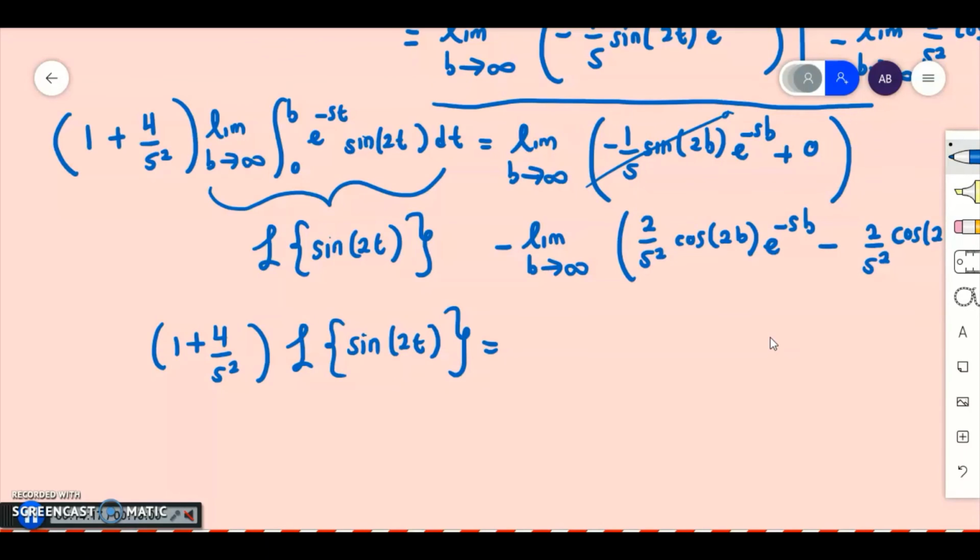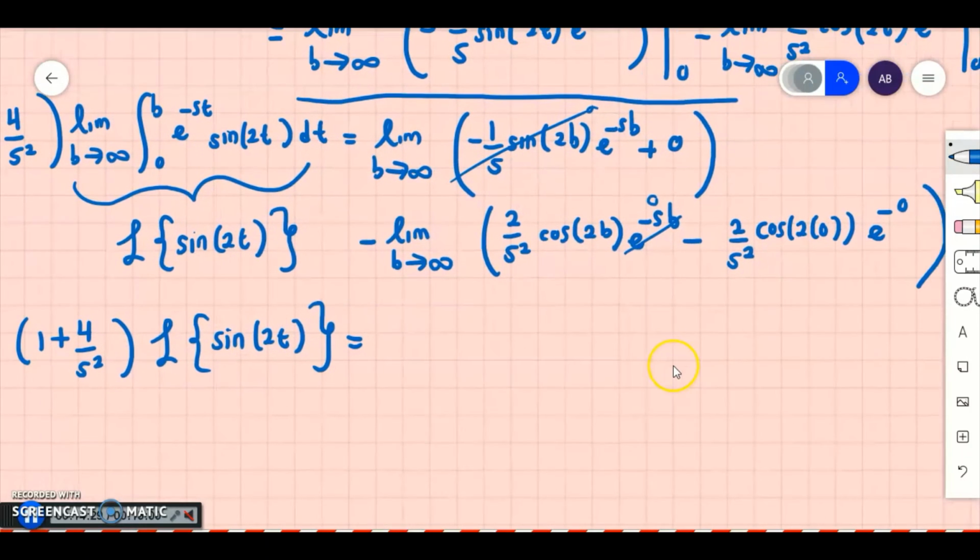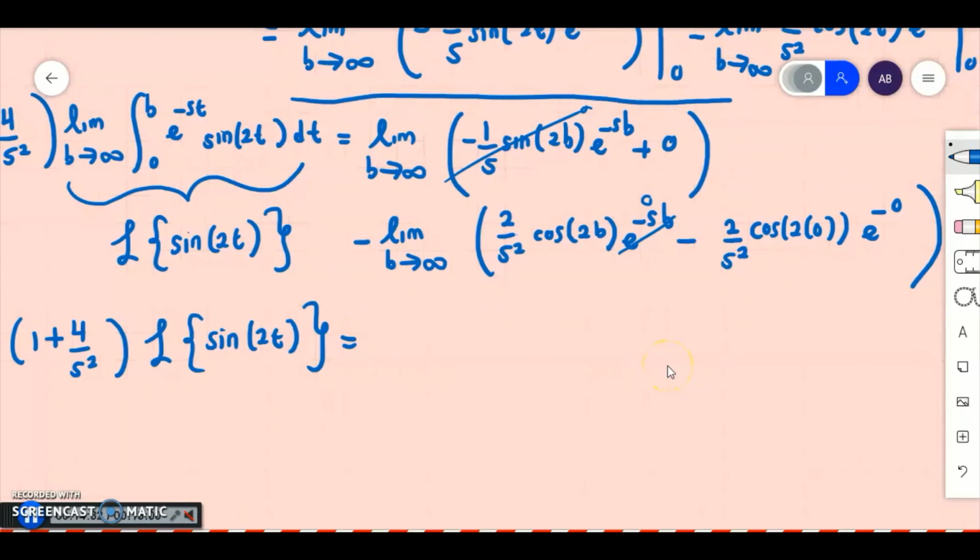When the exponent b approaches infinity, this part approaches 0, where e to the power of 0 is 1. And similarly, we have cos 2b, when b approaches infinity, this also vanishes, and now here, e to the power 0, we have this term here, cos 0 is 1, so I have negative, negative, positive 2 over s squared.